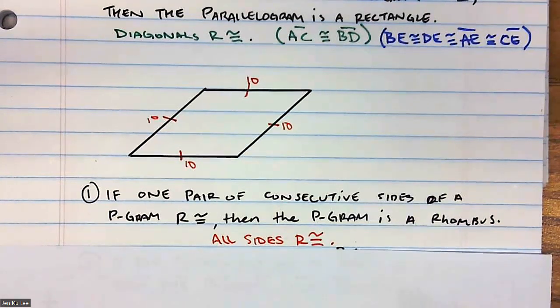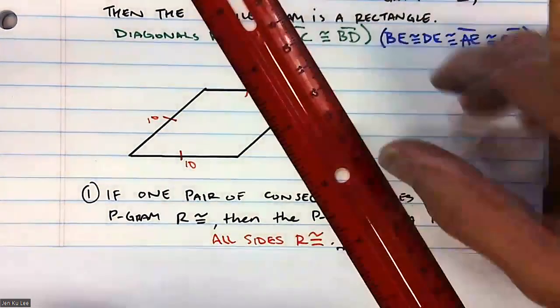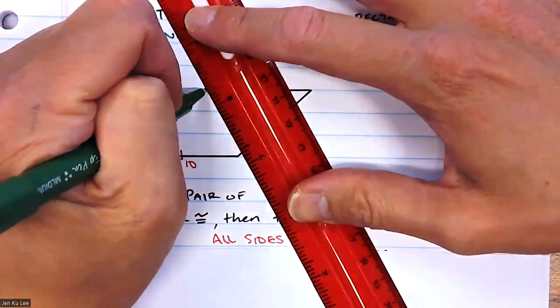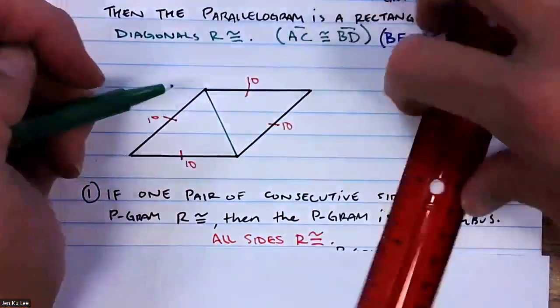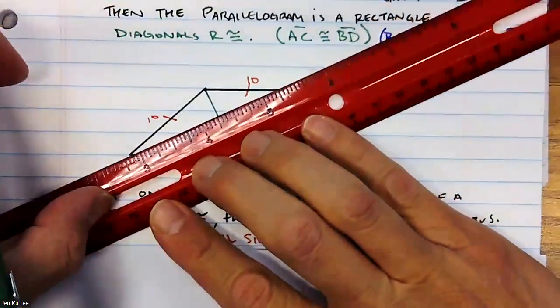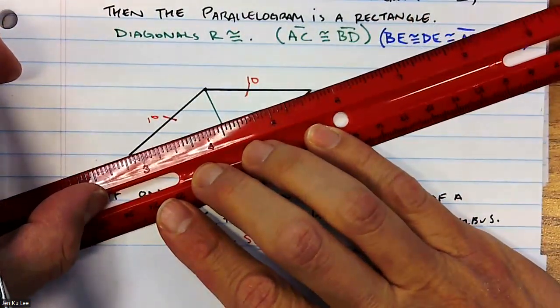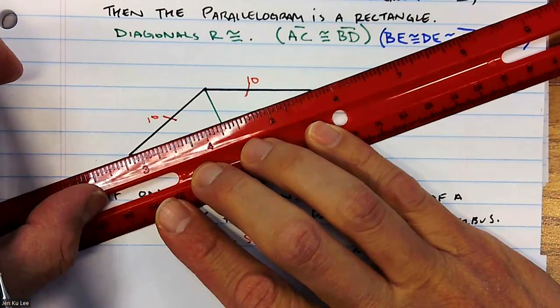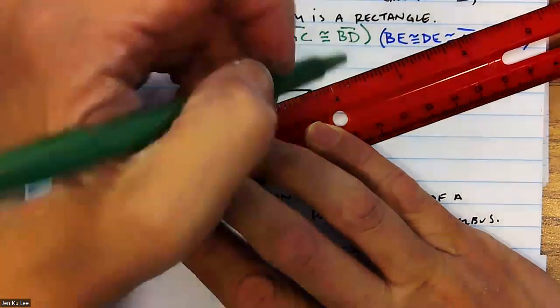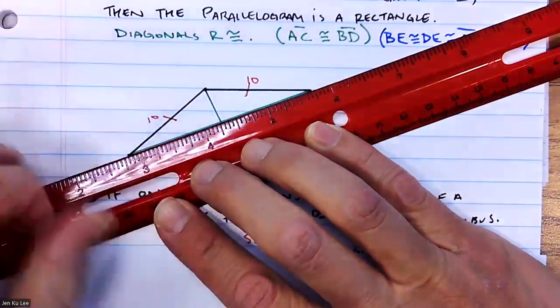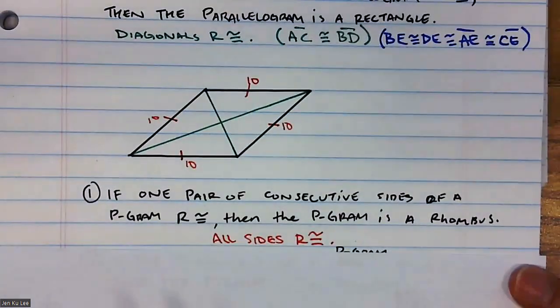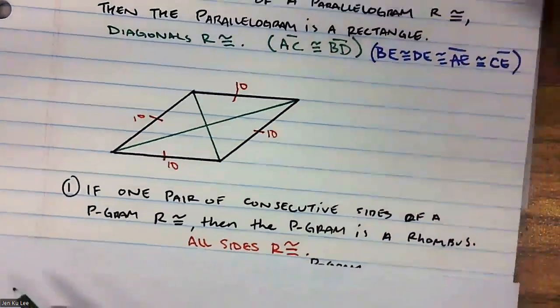The next characteristic here deals with the diagonals. The diagonals here, look how perfect that is.